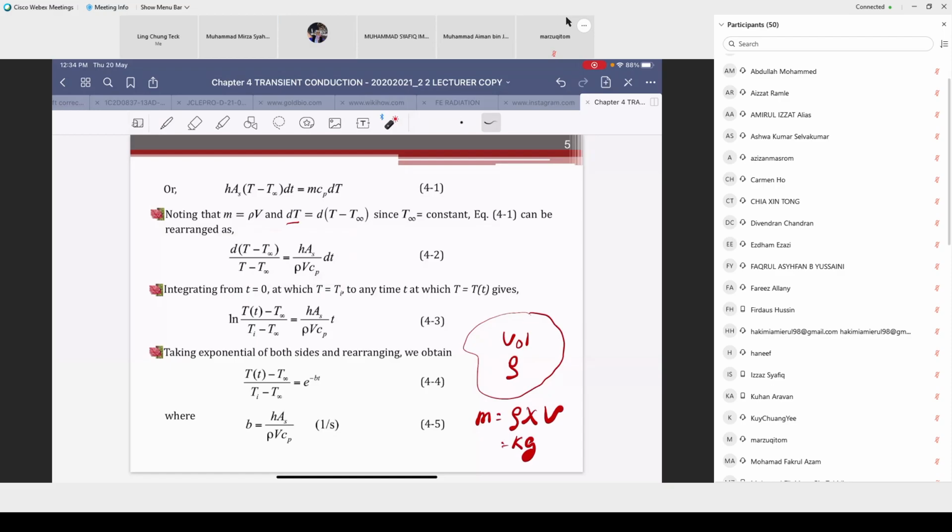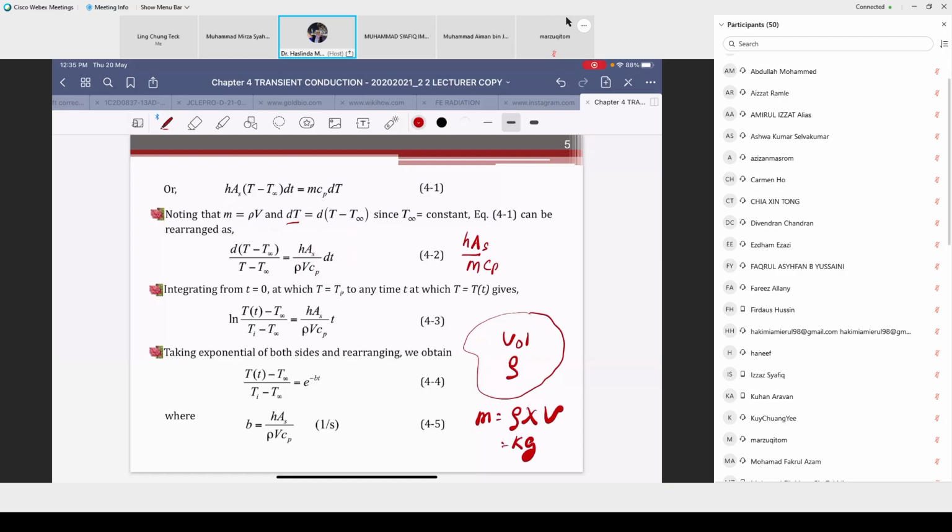Understand? h, A, s, this one, let me write it back. If you rearrange, it becomes like this: h, A, s, the m we bring down here, and also the Cp, based on equation 4.1.